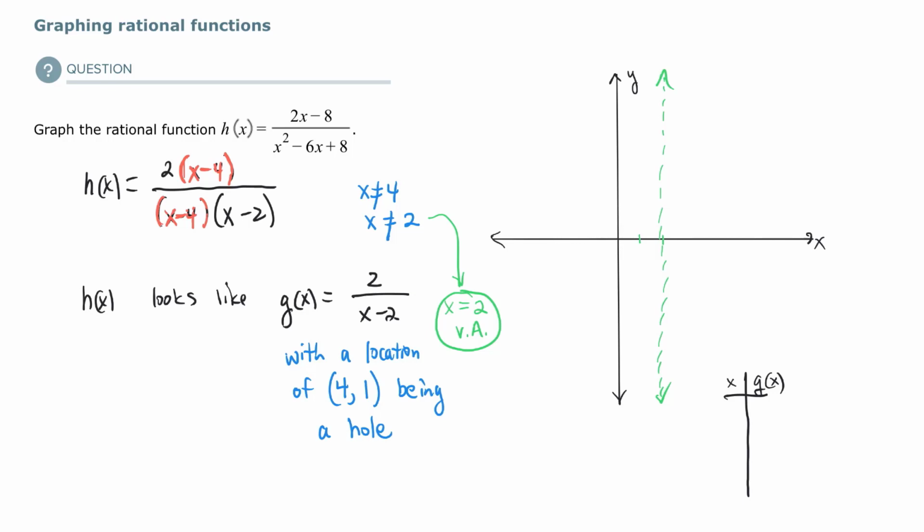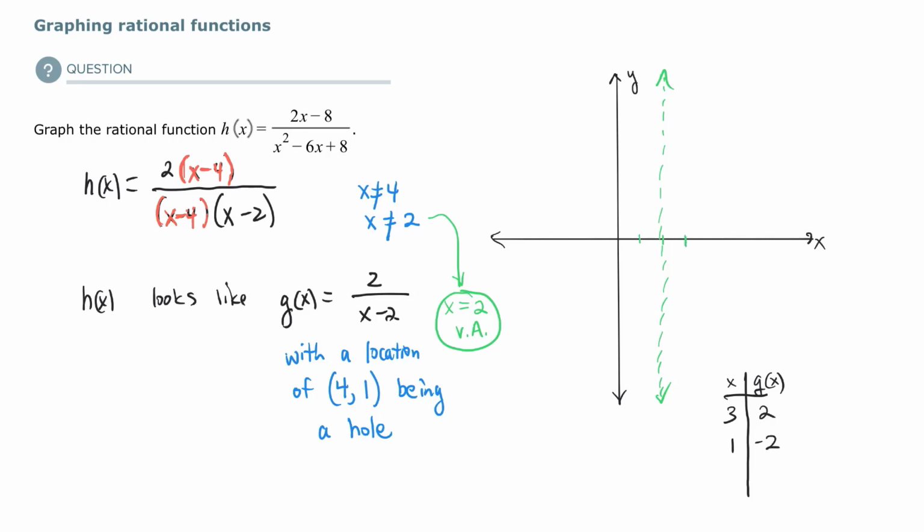Let's do 3, and then we've got 2. And what else do we have here? We also need to pick, let's say, 1, and we have negative 2. Okay, that should be pretty good.